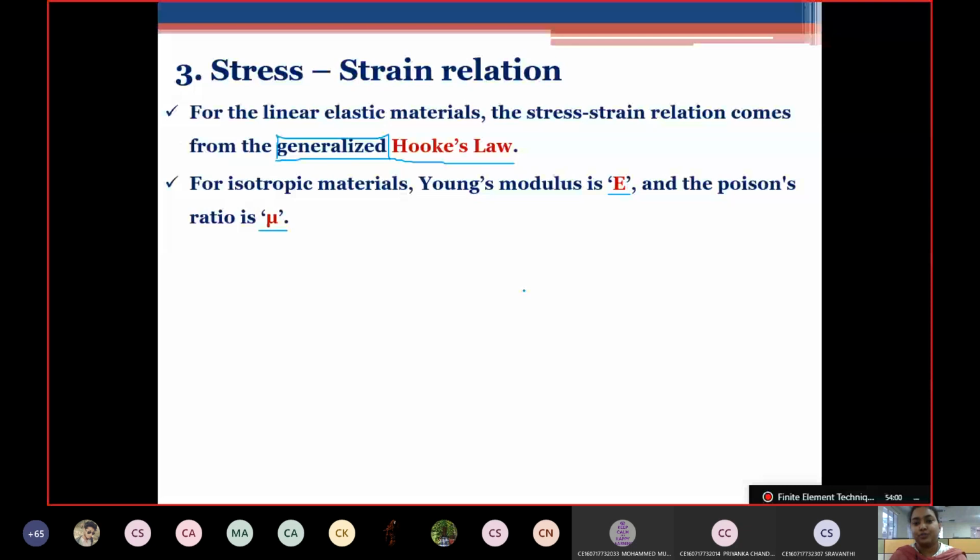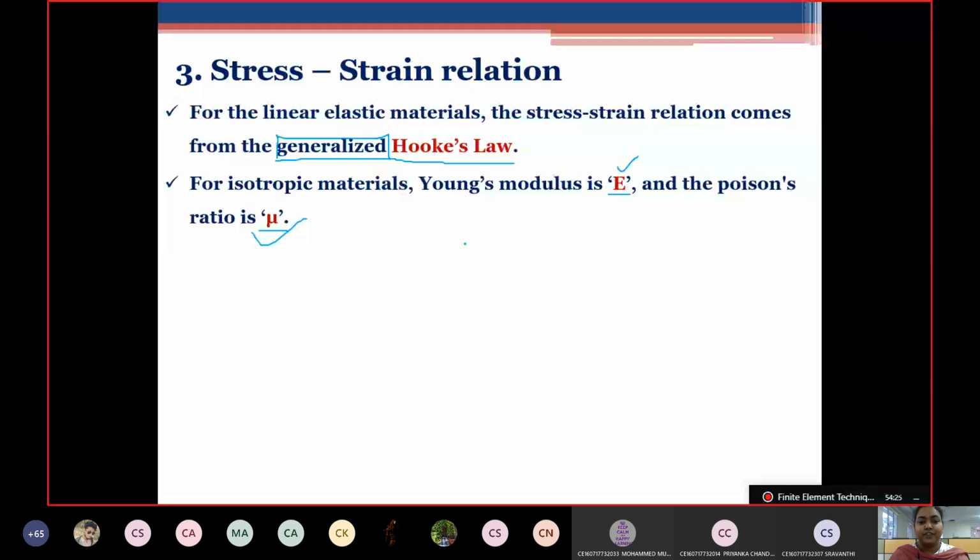Every material will have certain properties from which we can analyze it. The basic material properties are Young's modulus and Poisson's ratio. Based on this, the equations are generalized. If we only know that stress is directly proportional to strain, you can also write it as sigma is equal to E into epsilon.